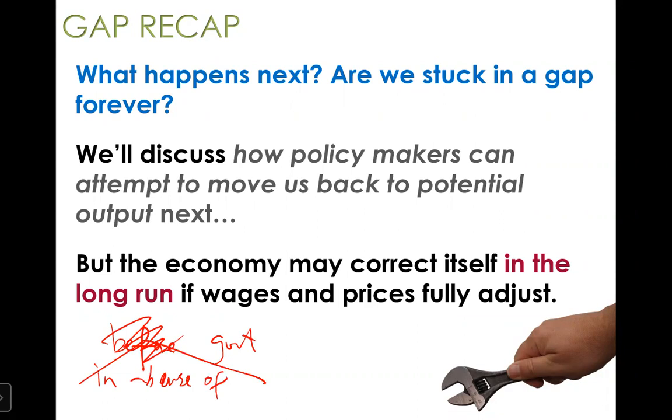Put another way, for the moment we ignore the government. We just see what happens if the economy is hit by a shock, and how the economy is going to adjust. So now let's see what happens.